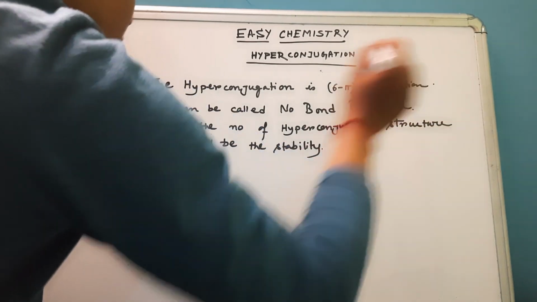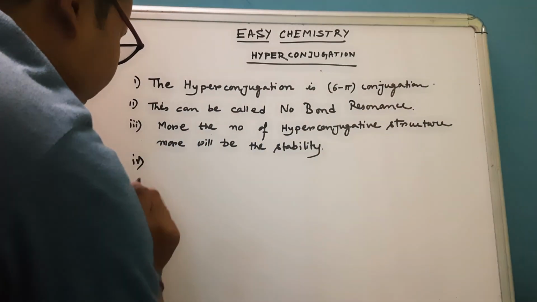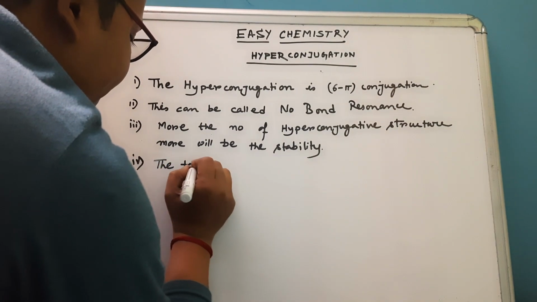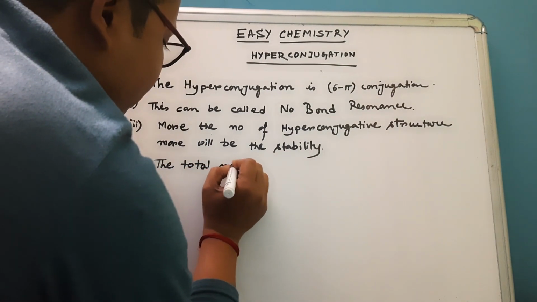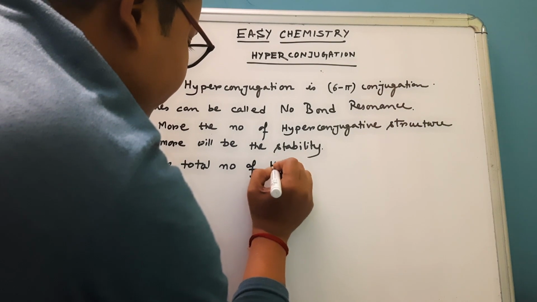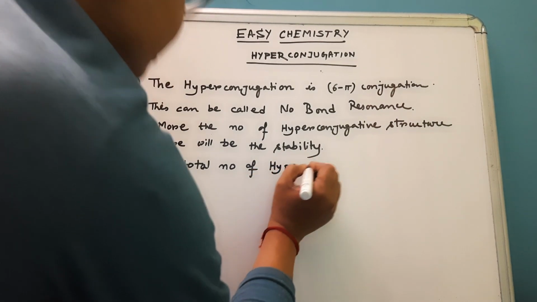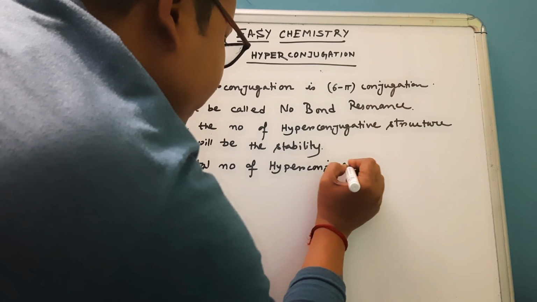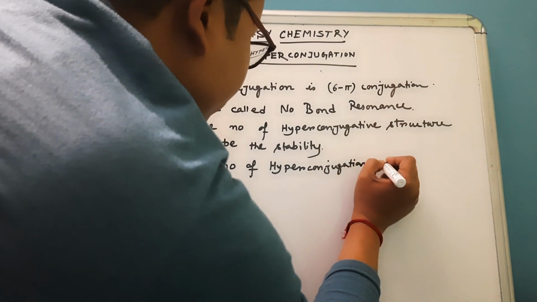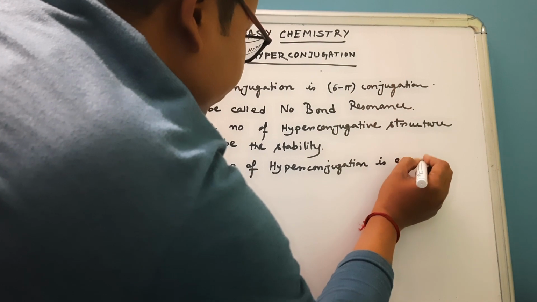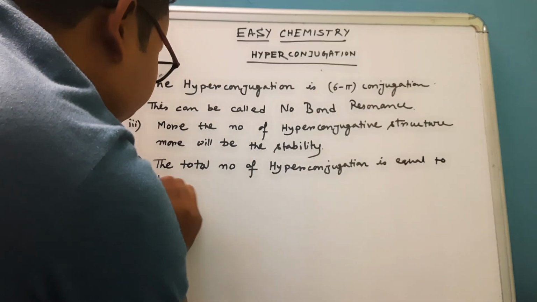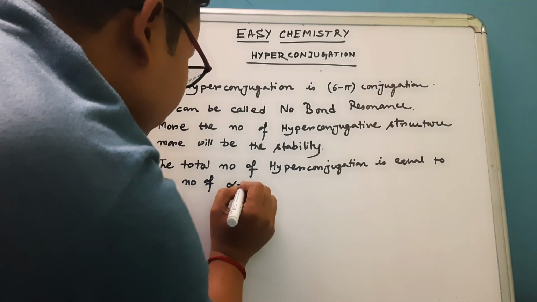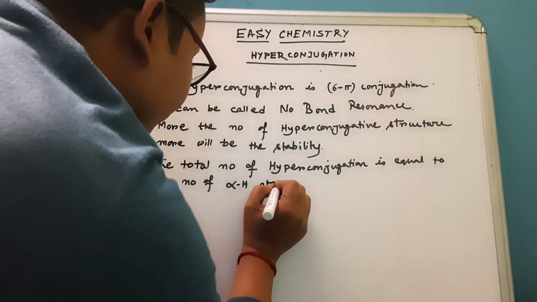Number 4, the total number of hyperconjugative structures is equal to the number of alpha hydrogen atoms.